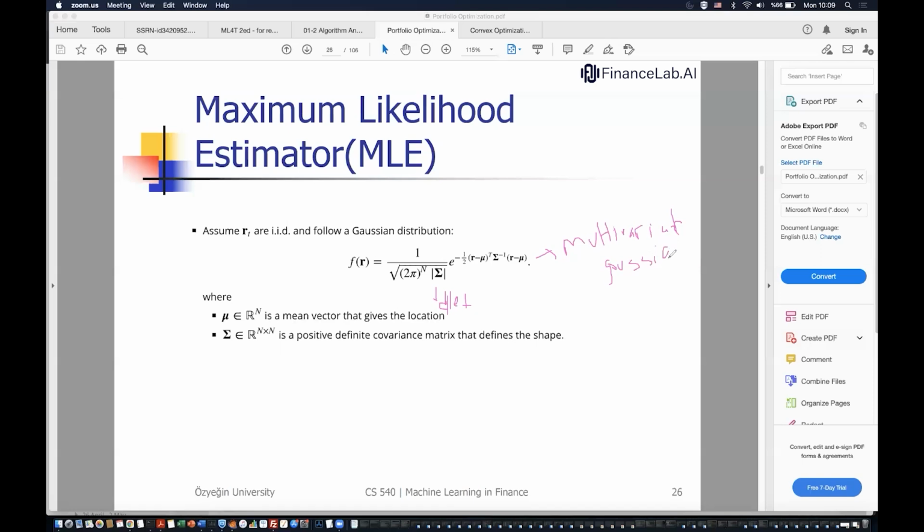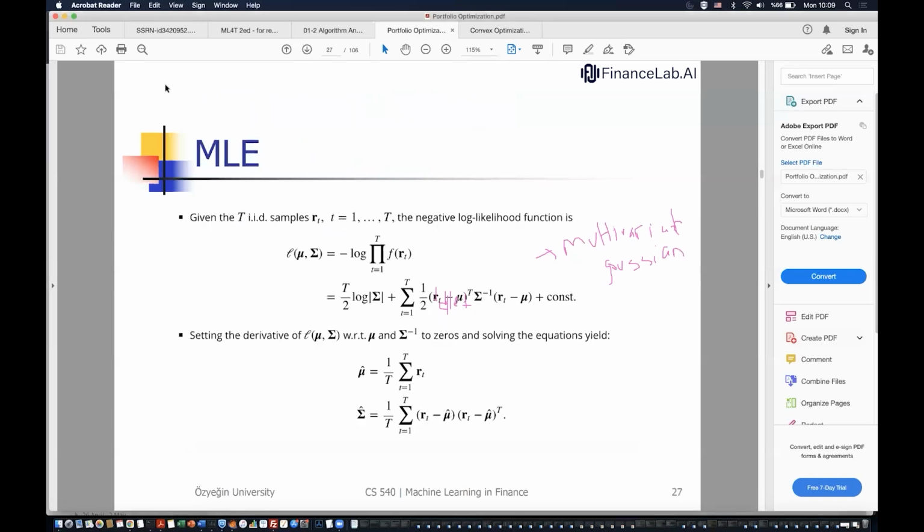In order to come up with the maximum likelihood estimator, we assume that the returns follow a Gaussian distribution with these parameters. The maximum likelihood estimator basically maximizes the product, which becomes minimizing the minus log of the Gaussian distribution for each return.